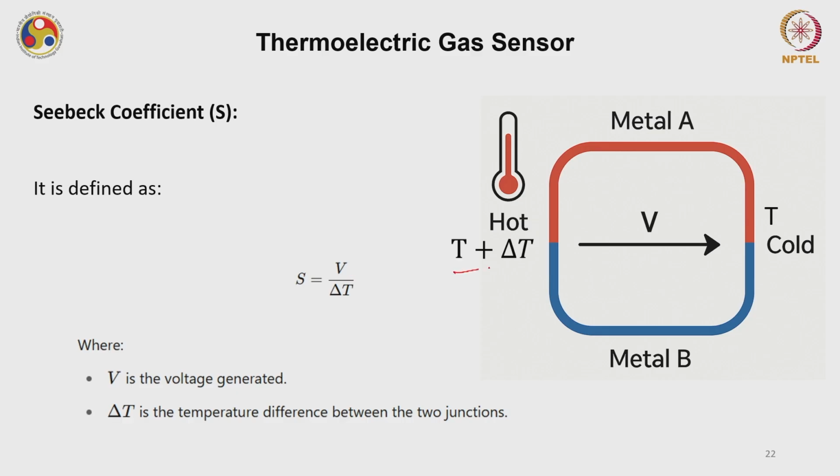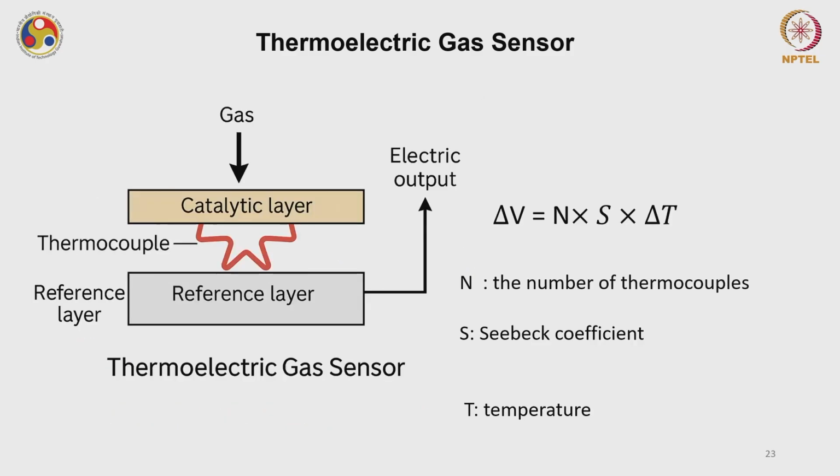So if the hot junction is at temperature T plus delta T and the cold junction is at temperature T, the Seebeck coefficient can be defined as V by delta T, where V is the voltage generated and delta T is the temperature difference between the two junctions.